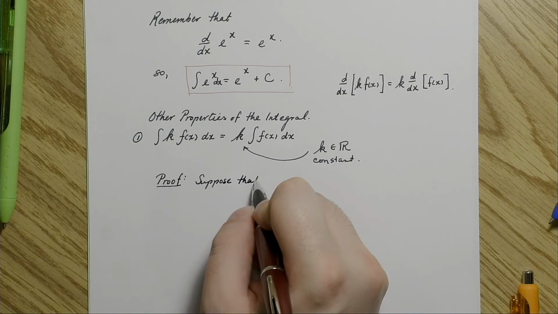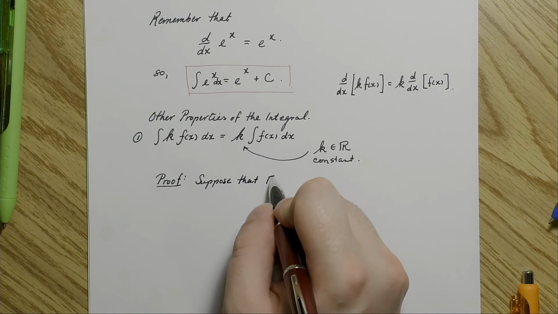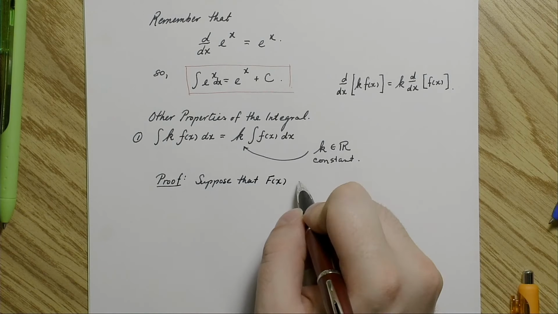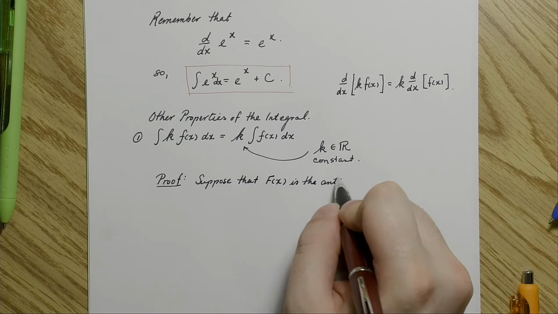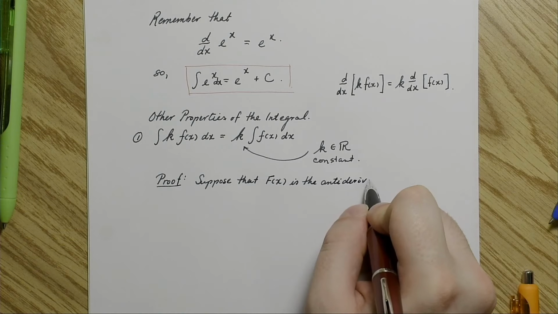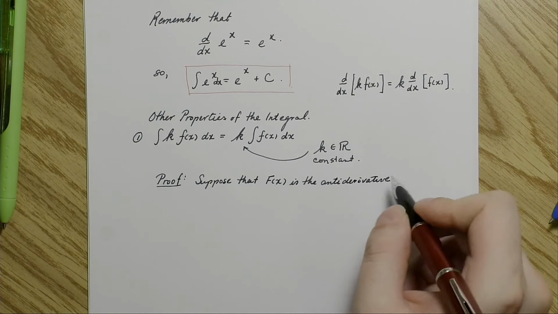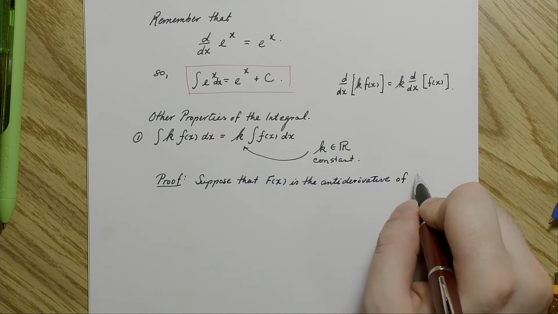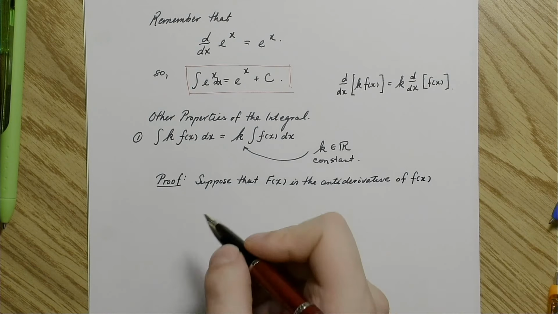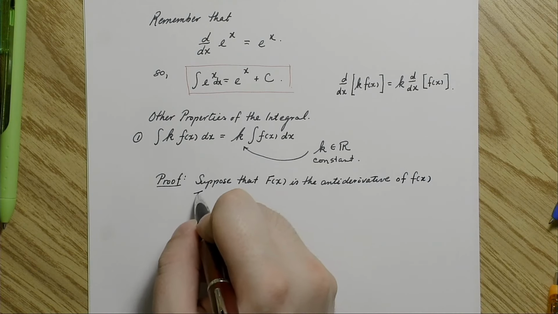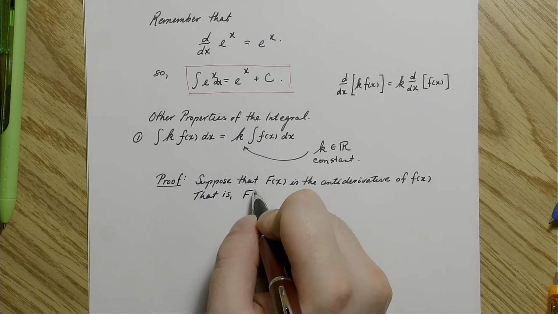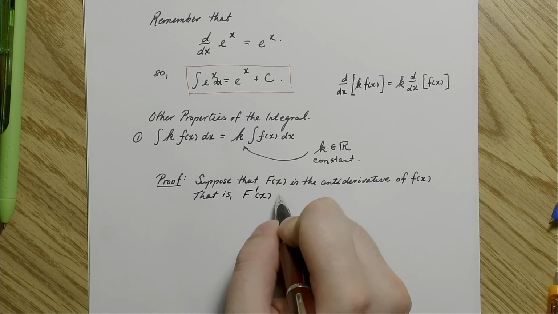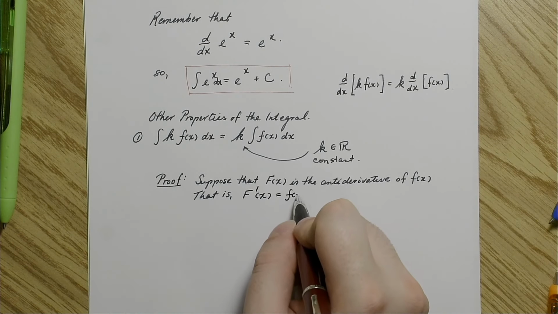Suppose that capital F at x is the antiderivative of f at x. Or that is, capital F prime at x, so the derivative is equal just to f at x.